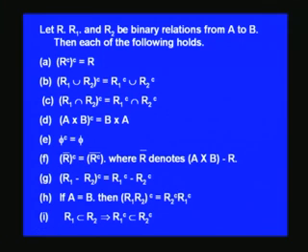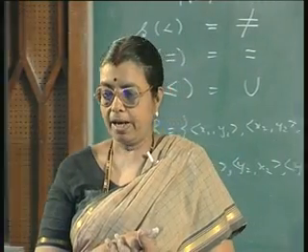We have some results about converse. R, R1, R2 are all binary relations from A to B. Then each of the following holds. R power C power C is equal to R. That is, if you take the converse, you have to reverse the direction of the arcs.